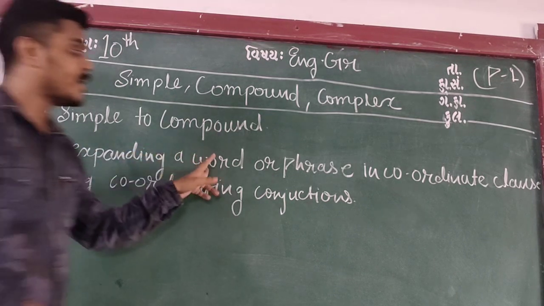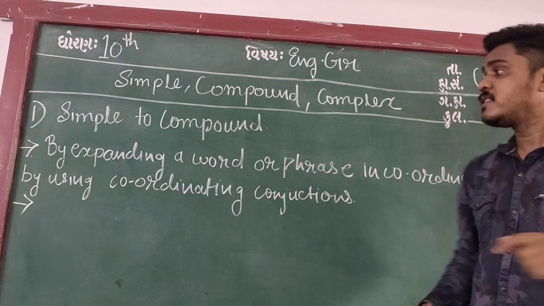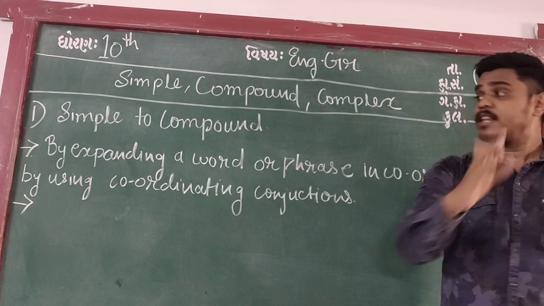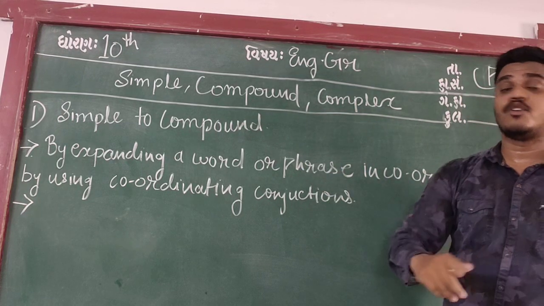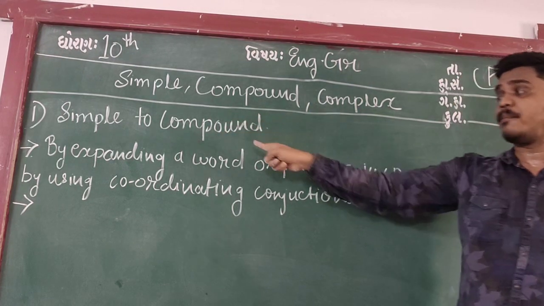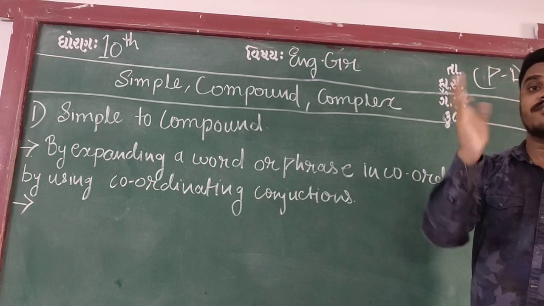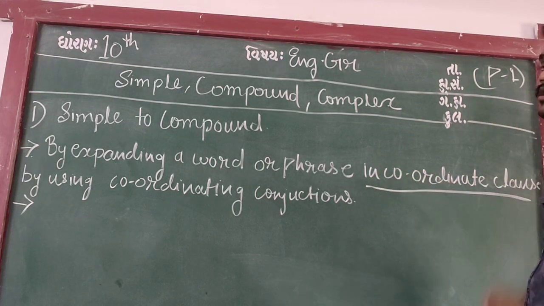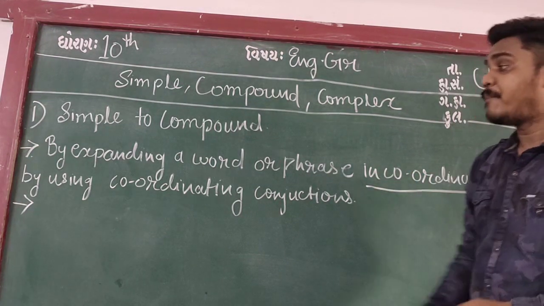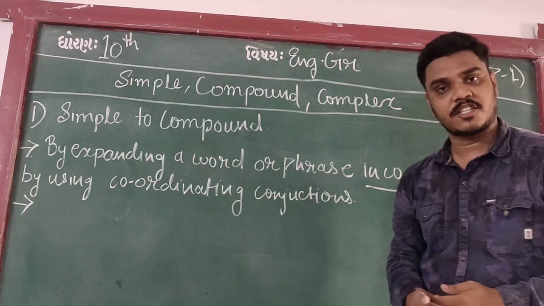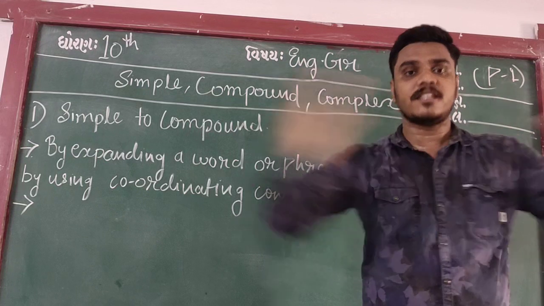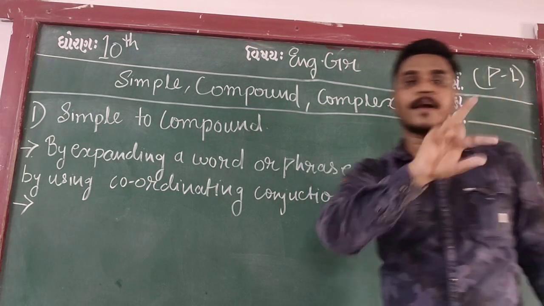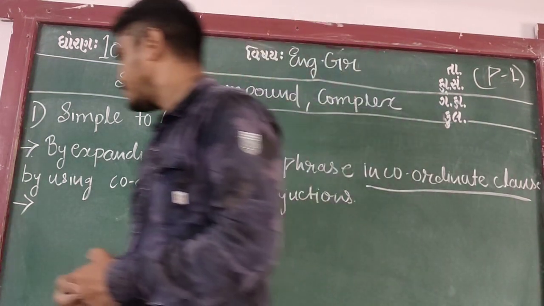While converting from simple to compound, if a word or a phrase is given, first of all, you have to expand it and convert it into a coordinate clause, the dependent clause, by using coordinating conjunctions. We have to make the word or phrase into a clause, and put some conjunction that is dependent on both of the parts. Let's take an example.